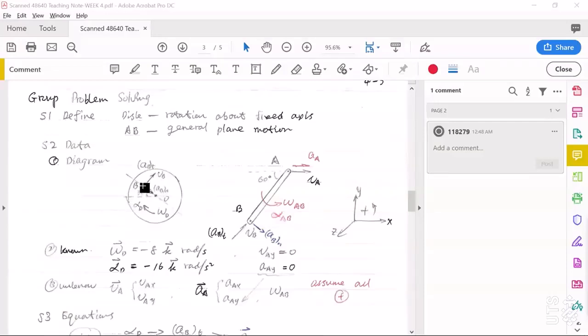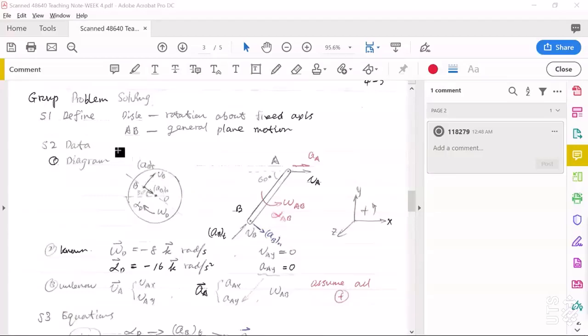For acceleration at point B, two components. One is normal component, this direction must be from B to O. Another one, tangential component. For this one, because alpha D its direction is clockwise, this means the direction of ABT should be the same as the direction of VB.